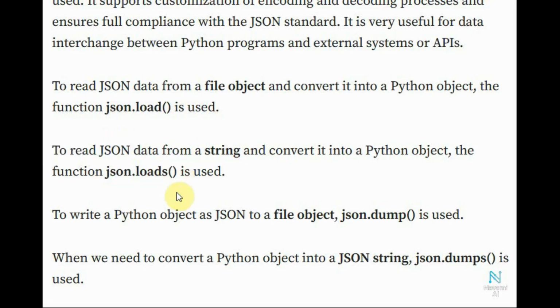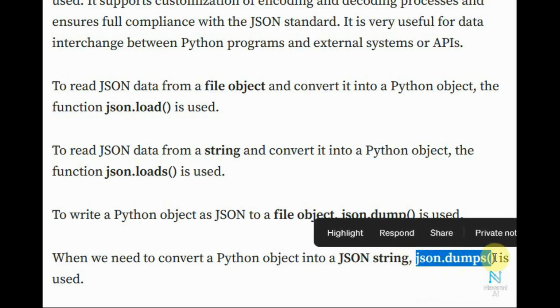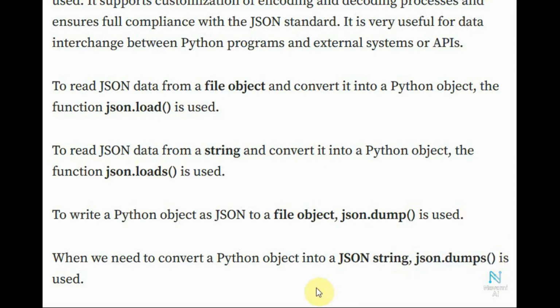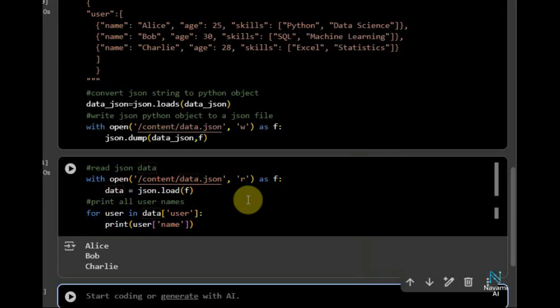This one reads JSON data from a string and converts it into a Python object. Next, to write a Python object as JSON to a file object, we use json.dump. json.dumps is used to convert a Python object into a JSON string. Alright, that's about reading and writing JSON data.